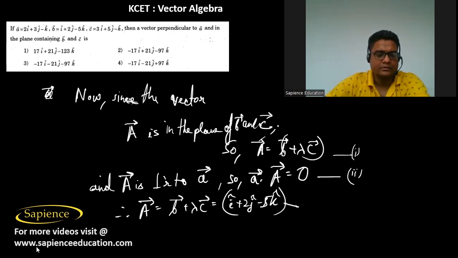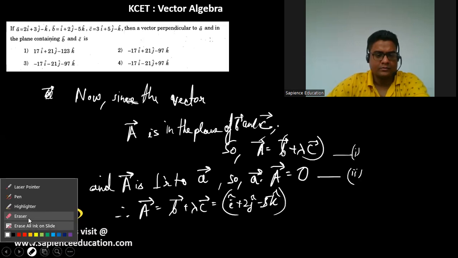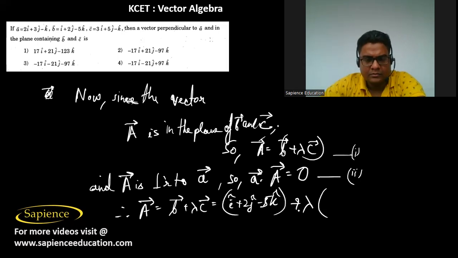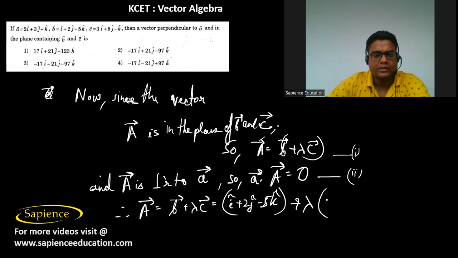Plus lambda into C vector, lambda into 3 I cap plus 5j cap minus k cap.